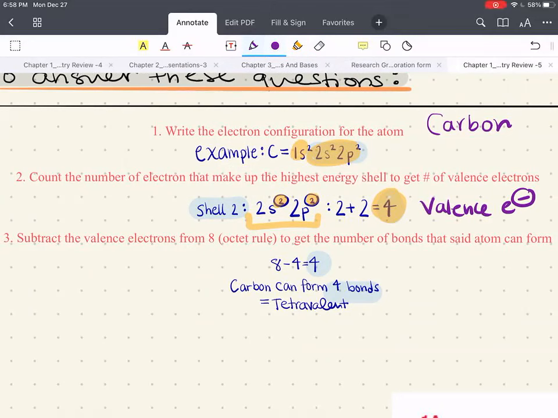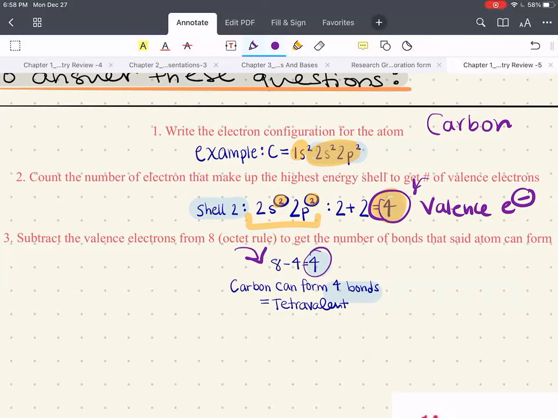We're going to take 4 and subtract it from 8, because of the octet rule. The octet rule says that no more than 8 electrons can be around carbon. So we take 8 and subtract 4, the number of valence electrons, and we get 4. That means carbon can form 4 bonds.